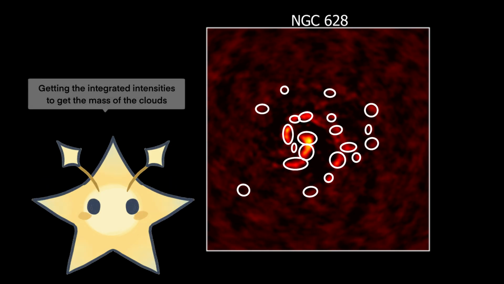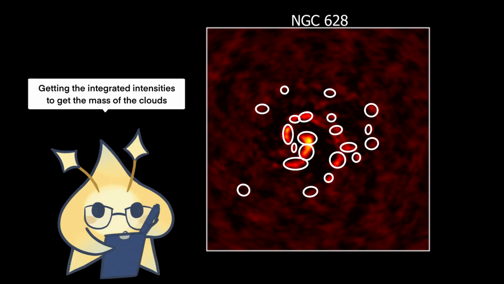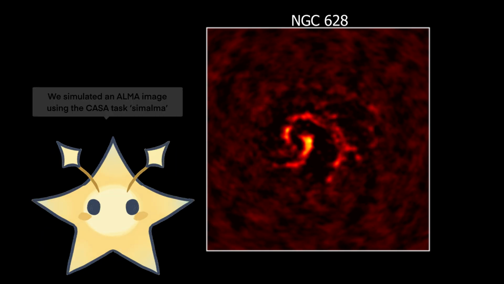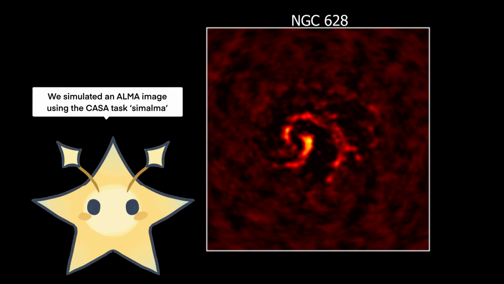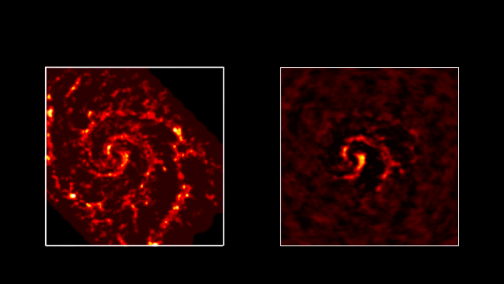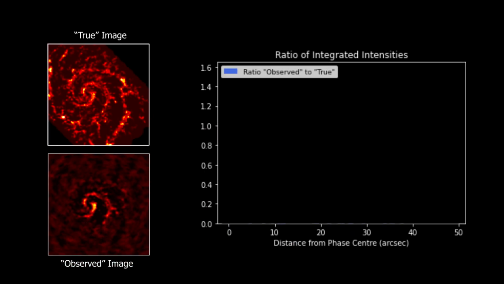Let's say we want to measure the integrated intensities of the clouds we've detected in this image in order to estimate the mass of the clouds. This is a simulation, so we know what the true sky looks like. Let's compare the integrated intensities we measure from the observed or simulated map with the true values by plotting the ratio of observed to true flux densities as a function of the distance away from the phase center.